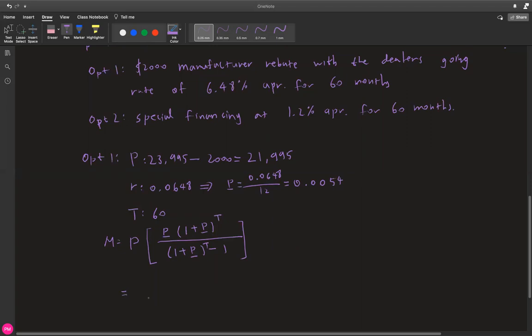So let's plug in everything that we know. In this case, with option 1, the money owed is $21,995.